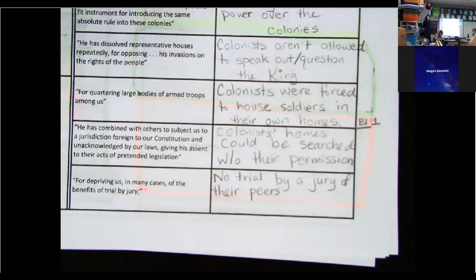Make sense? So you want a trial by jury of your peers because they are similar to you. They have a similar background to you. They understand you, and they're going to be more likely to judge you fairly. Make sense? That's why you want a trial by jury.